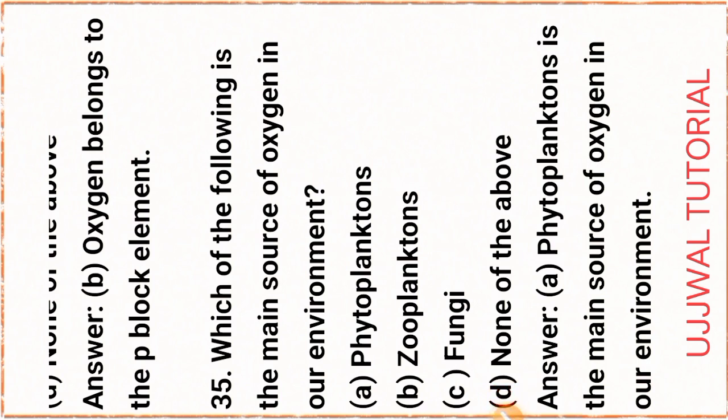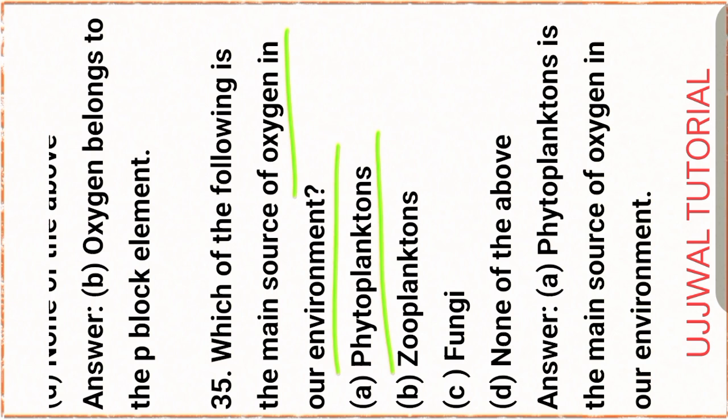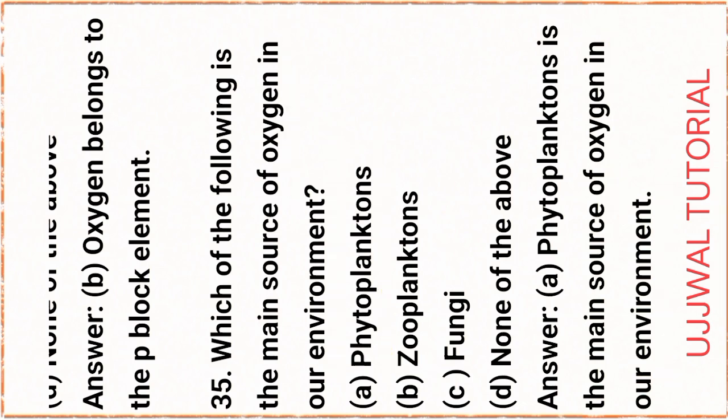Which of the following is the main source of oxygen in our environment? Option A, phytoplankton. Phytoplankton is the main source of oxygen in our environment.